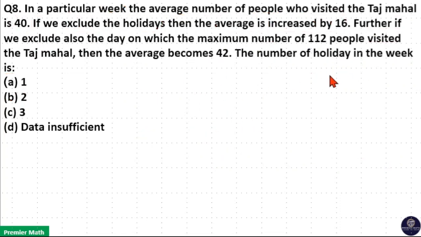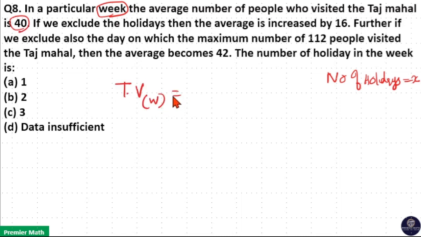That is, here number of holidays is x. Then in a week, total number of people who visited the Taj Mahal: total visitors in a week is equal to average into total number of days, which is equal to 280.